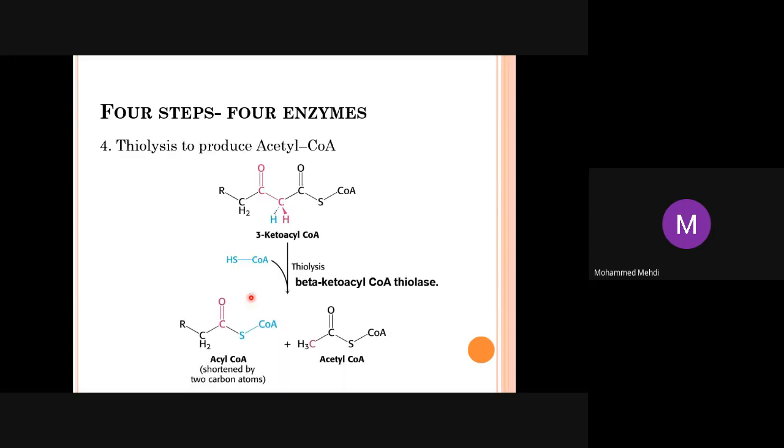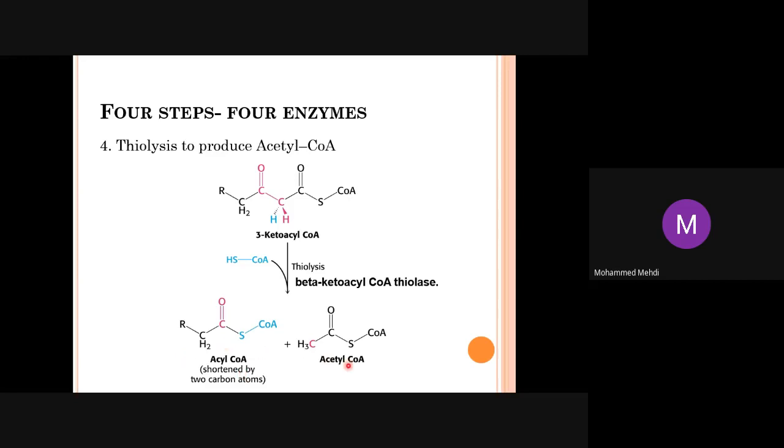The fourth reaction, thiolysis or cleavage of acetyl-CoA from the end of fatty acid, occurs by the addition of coenzyme A. So we have a similar ending after this thiolytic cleavage. This one we call a 2-carbon shortened fatty acid, or acyl-CoA.